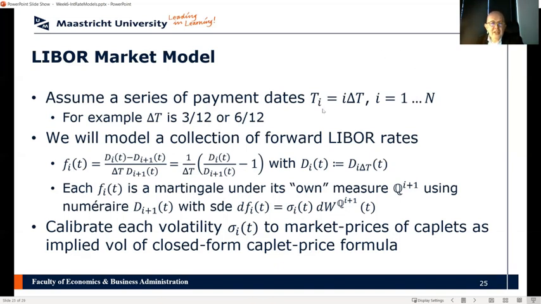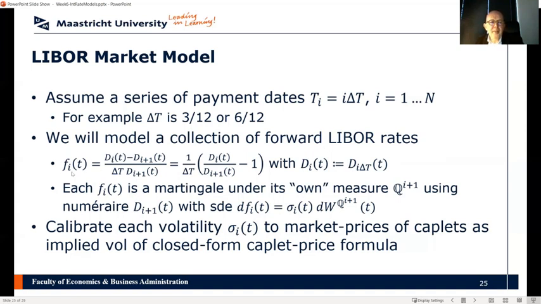So I'm going to slightly simplify my notation here. I'm going to model a series of payment dates, T sub I, and each T sub I is I times delta T. So there I have this collection of payment dates which are, for example, spaced half a year apart. And I'm going to follow capital N of these payment dates, and I'm going to model then capital N of these forward LIBOR rates.